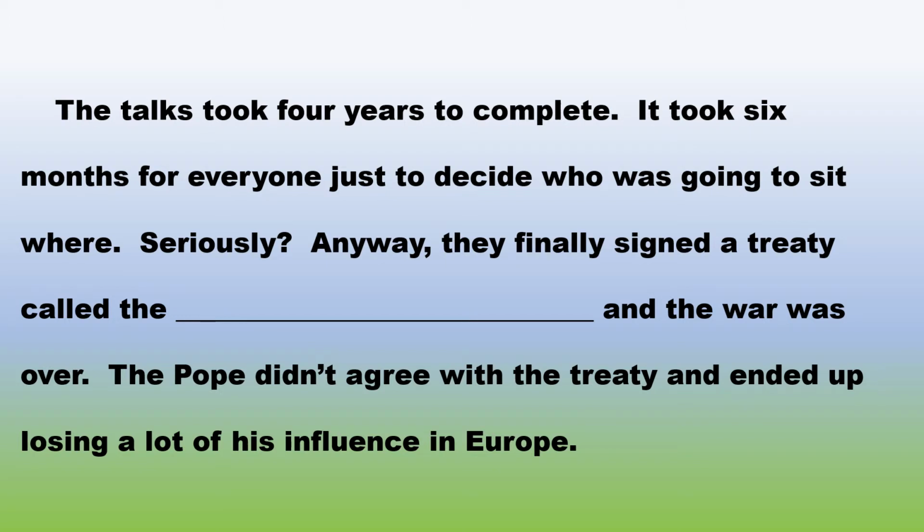The first 6 months was spent just arguing over who was going to sit where. Seriously? Anyway, they finally signed a treaty called the Peace of Westphalia, and the war was over. The Pope didn't like it. He didn't agree with the treaty, and he ended up losing a lot of his power and authority in Europe.